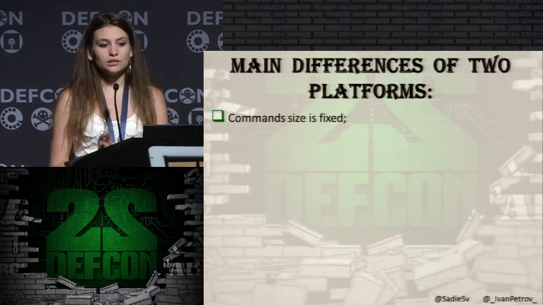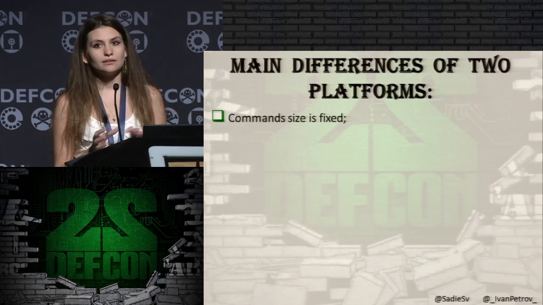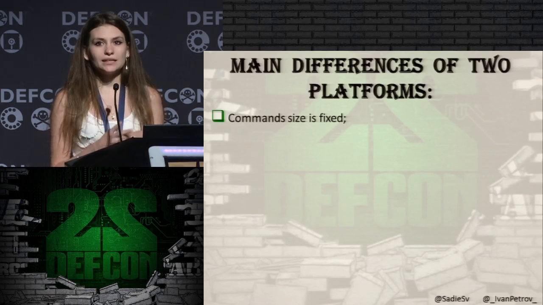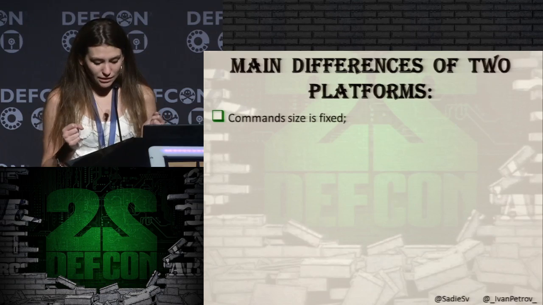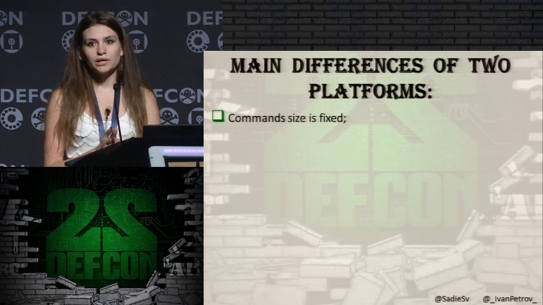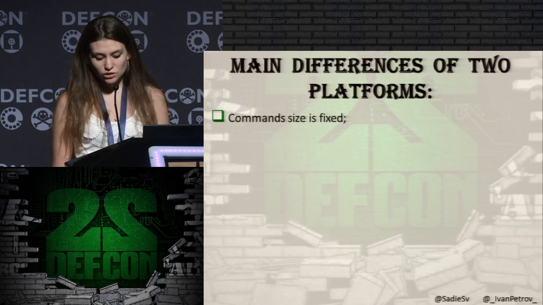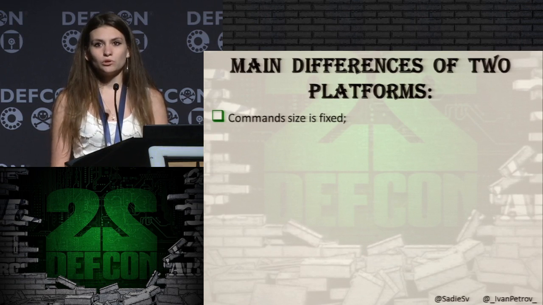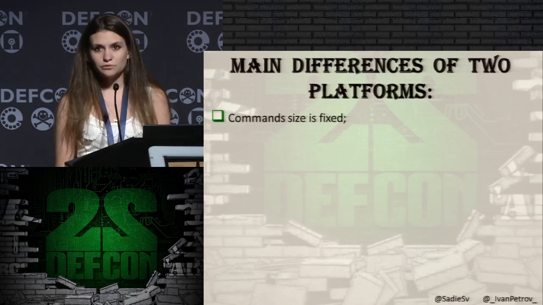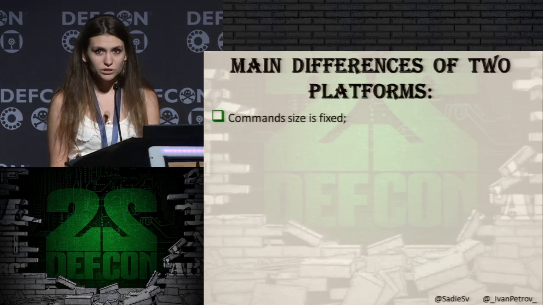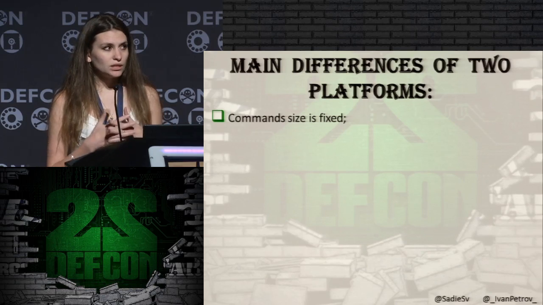First of all, the instruction size on the ARM platform is fixed. In x86, instruction size varies from 1 byte to 16. In the ARM-based platform, we have 32 bits for ARM CPU mode and 16 bits for Thumb mode. And it's fixed.